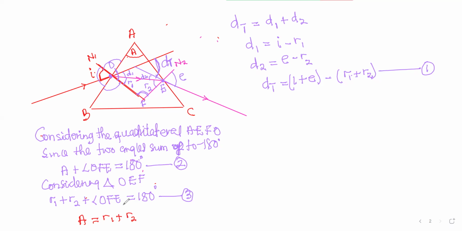Please, Saki and the rest of you, are you okay? So you are just saying the angle A plus OFE is equal to 180 degrees. Yes. Meaning individually one is 90? No, I'm not saying they are precisely 90.